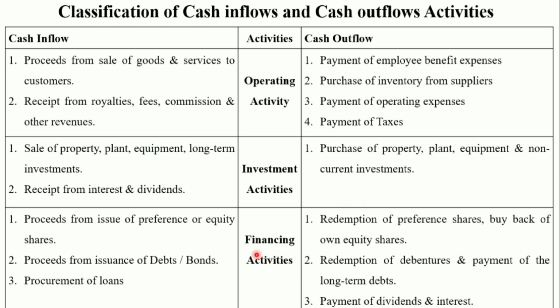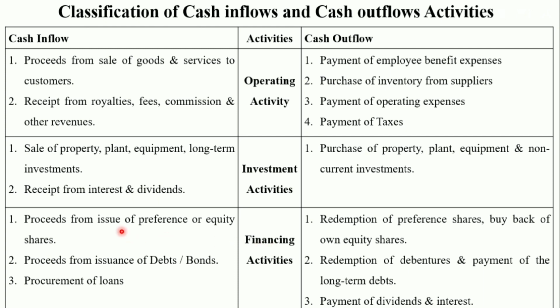Now financial activity. Financial activities are related to the long-term funds or long-term loans or capital of the business, or from where the capital is generated, that are included in financial activities.